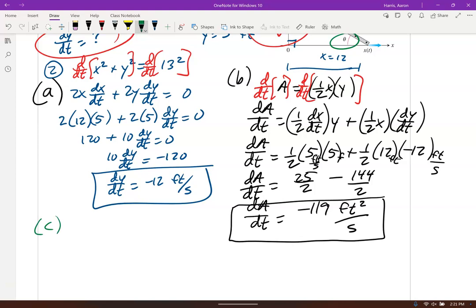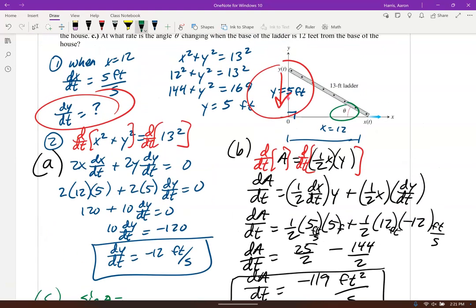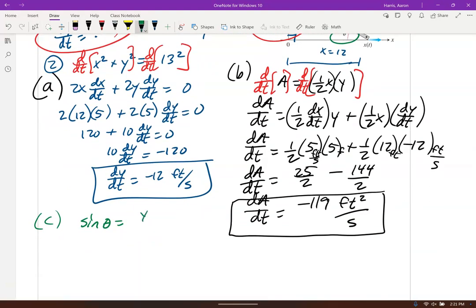I would probably just use the sine of theta here. You remember the sine of theta is opposite, so the opposite would be the y over the hypotenuse of 13. And then I just take that derivative.